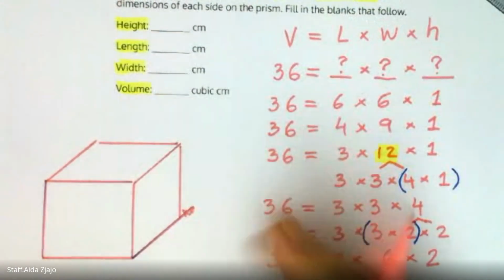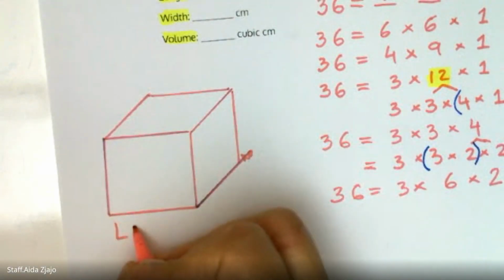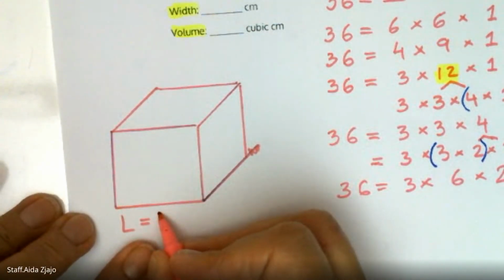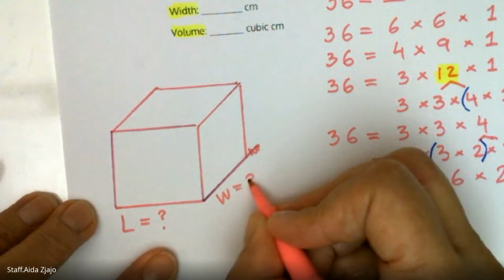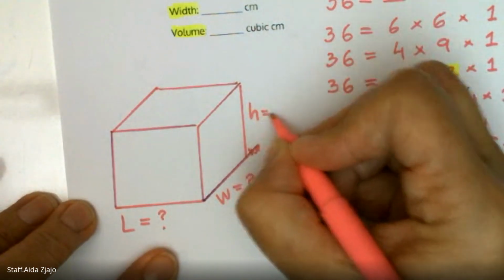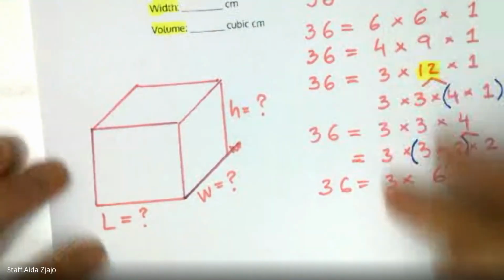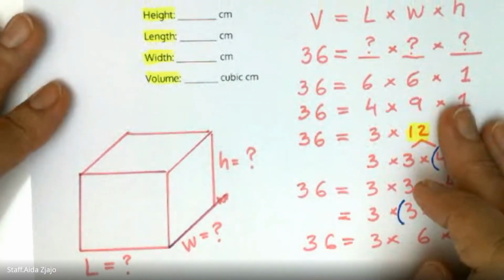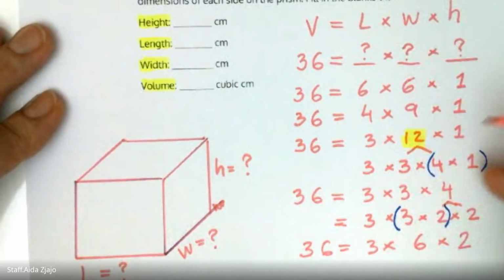So the length, and the idea was what could the length be? The length was unknown, width was unknown, and the height was unknown. So these are the possibilities. So I could use any of these to be the value.